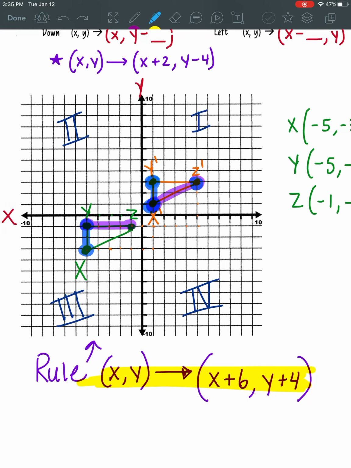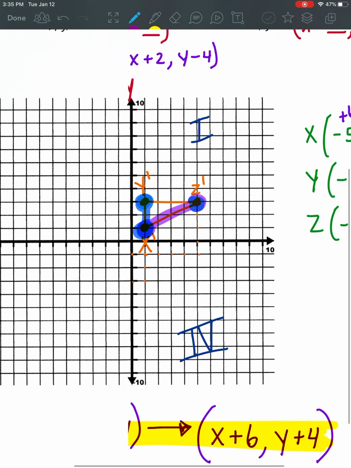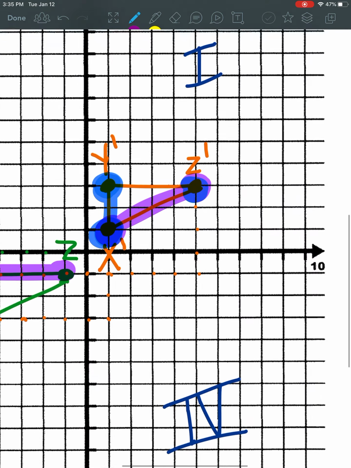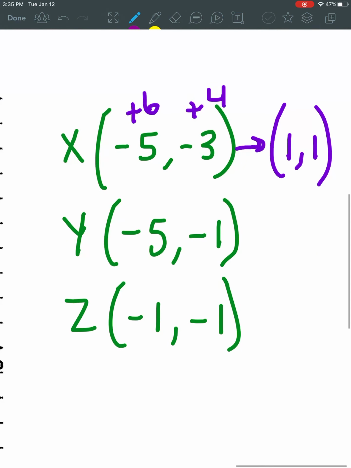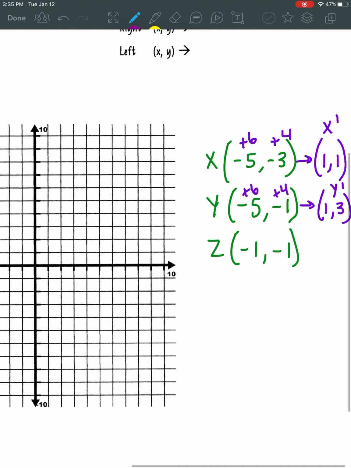Or you could take the ordered pairs, like up here, and do -5 plus 6. So we would get 1. And then -3 plus 4, we'd get 1. Notice 1 comma 1 is X prime. And we could do that with all of these. So plus 6, we'd get 1. Plus 4, we'd get 3.